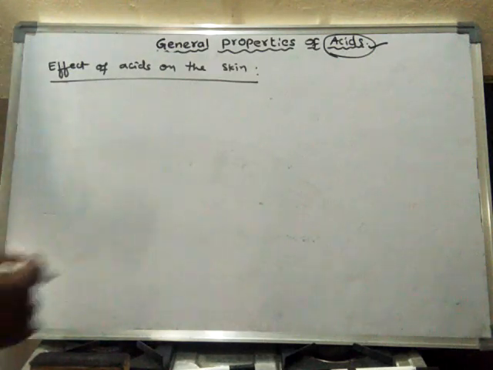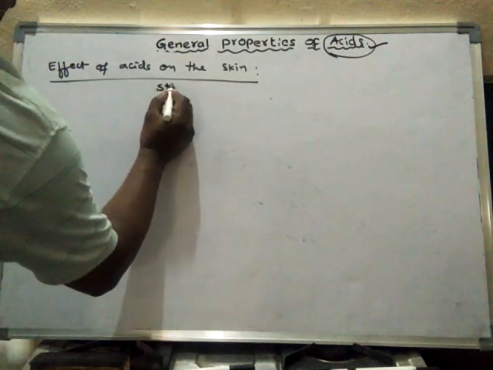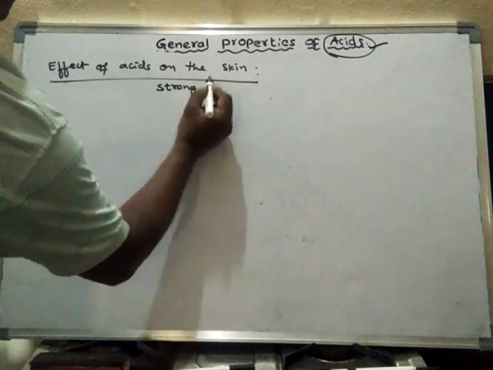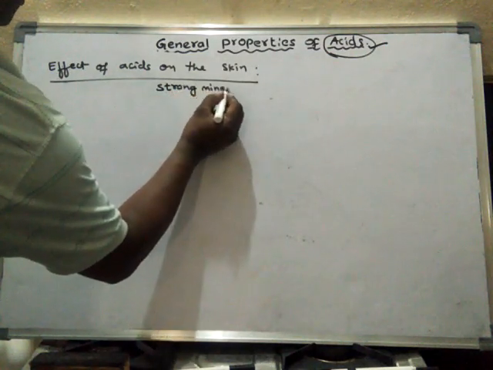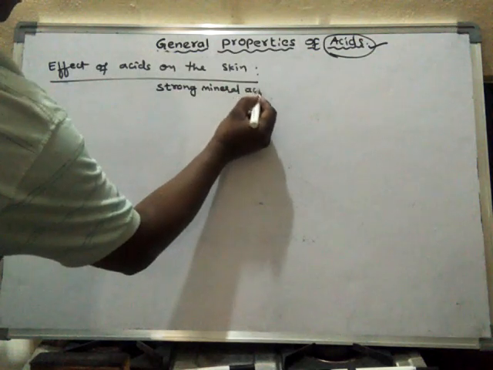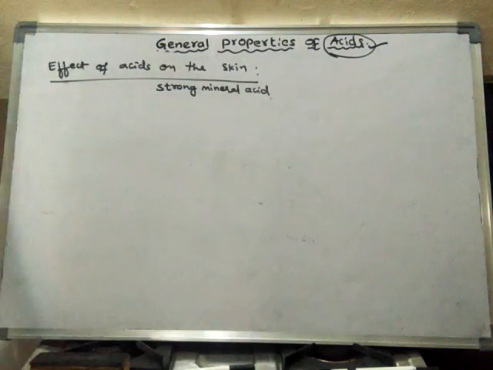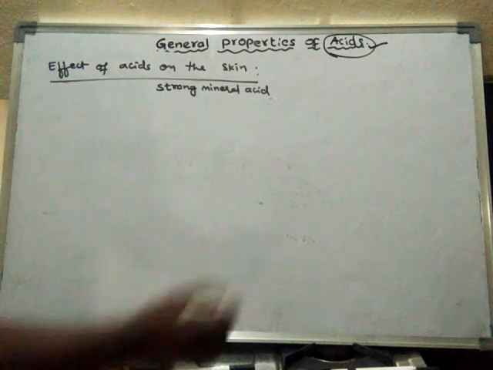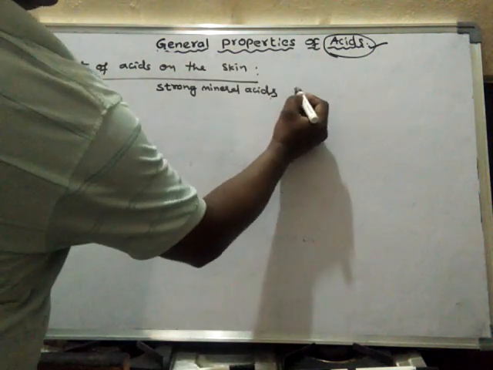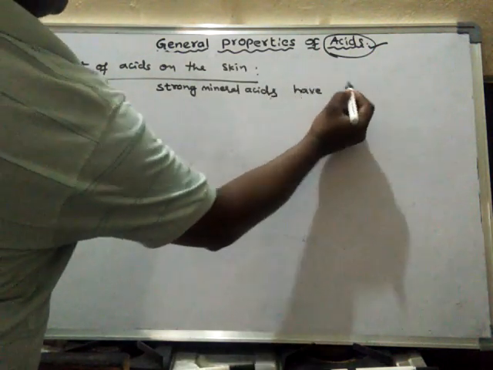Generally, strong mineral acids are corrosive. Acids have corrosive action.